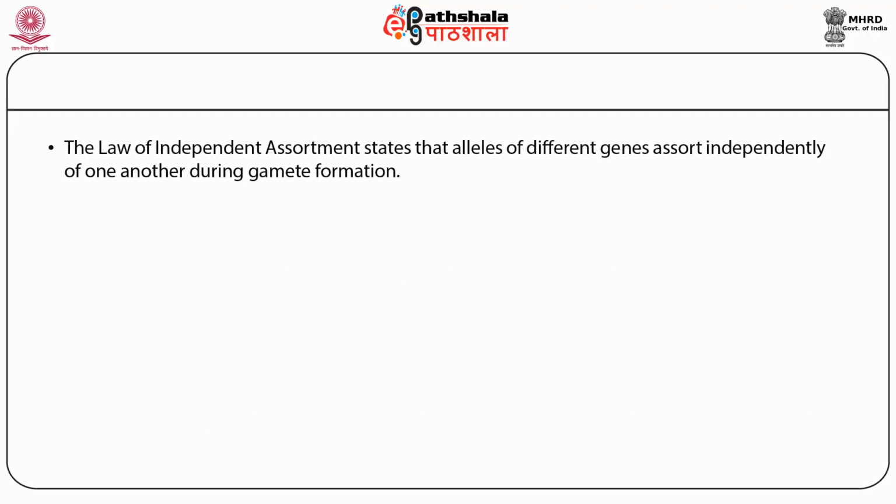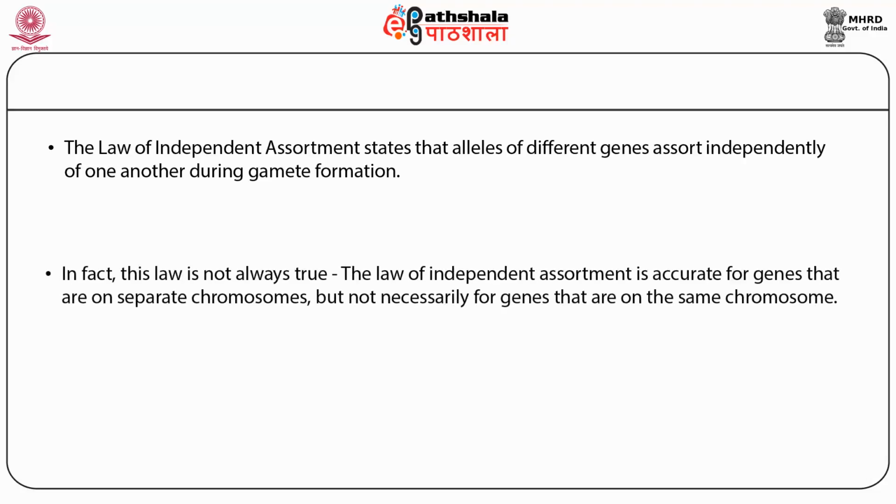The law of independent assortment states that alleles of different genes assort independently of one another during gamete formation. In fact, this law is not always true.